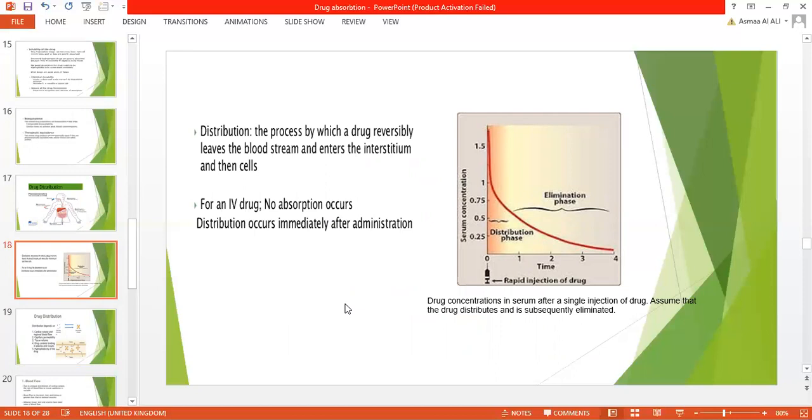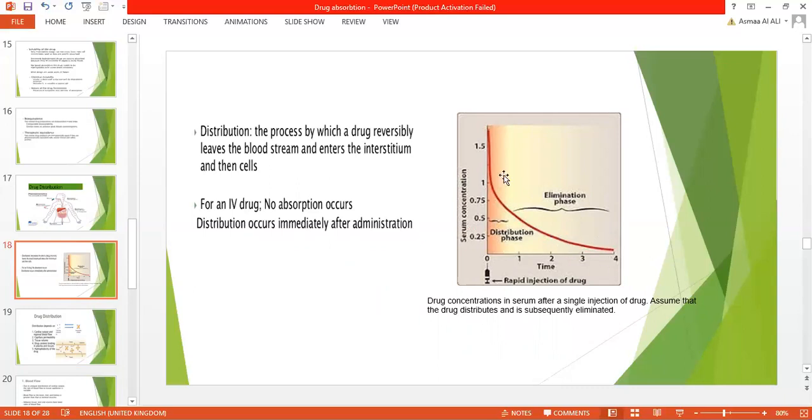For a drug administered IV, when absorption is not a factor, the initial phase, immediately after administration, shows a rapid fall in concentration. It represents the distribution phase, during which a drug rapidly disappears from the circulation and enters the tissue.